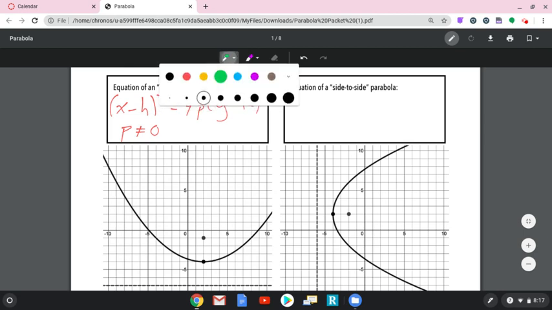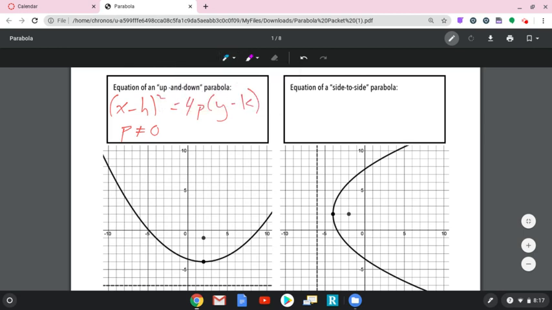Now, if I wanted to talk about a side-to-side parabola, the form will be slightly different. It's going to be (y minus k) squared equals 4p times (x minus h). And again, p will not equal 0. There are a couple of things we want to be able to identify.